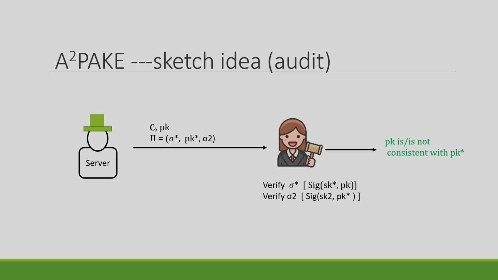Because he also signed with his key SK2 PK star. So the auditor will be able to see whether the public key is consistent with the entry that corresponds to this client.